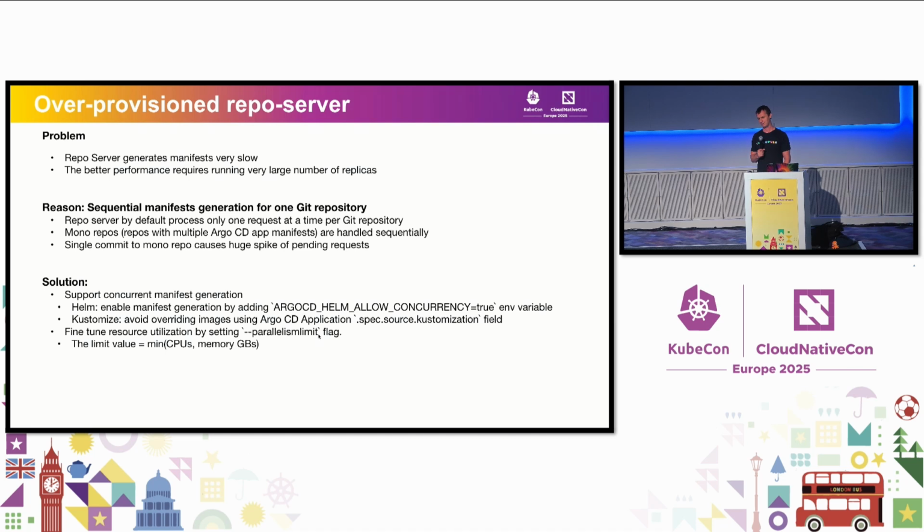We found that it makes sense to check how many CPU cores and how many gigabytes of memory you give to your repo server instances, and the smaller number between these two is the parallelism limit. The reason is it makes sense to reserve one core for one fork exec of Helm or Kustomize, and usually every invocation takes 1 gigabyte. So that's what we use, at least internally.